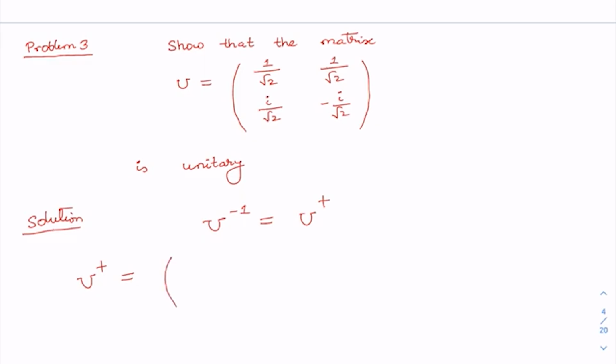If you take the complex conjugate of U, you will get 1/√2, 1/√2, −i/√2, then it would be +i/√2.